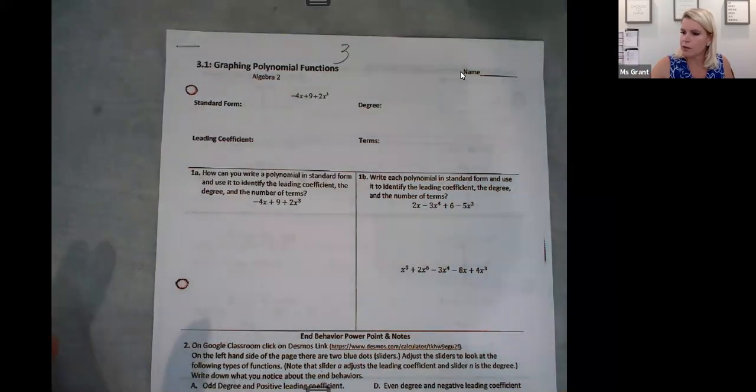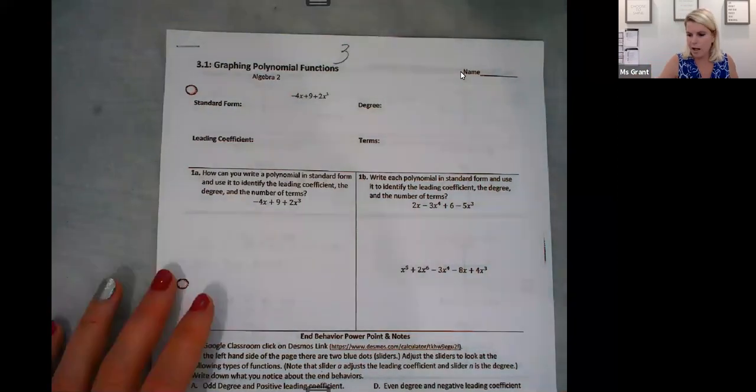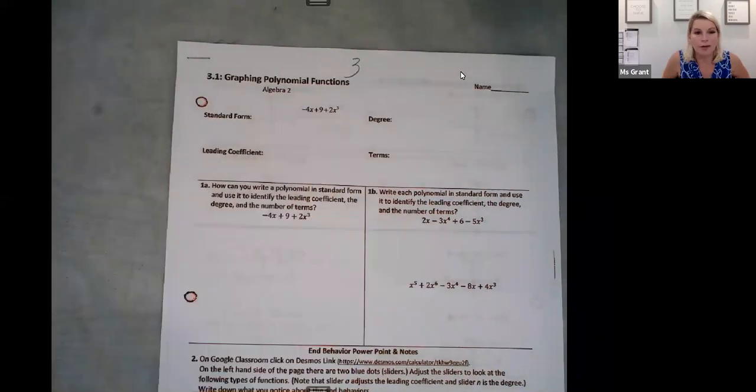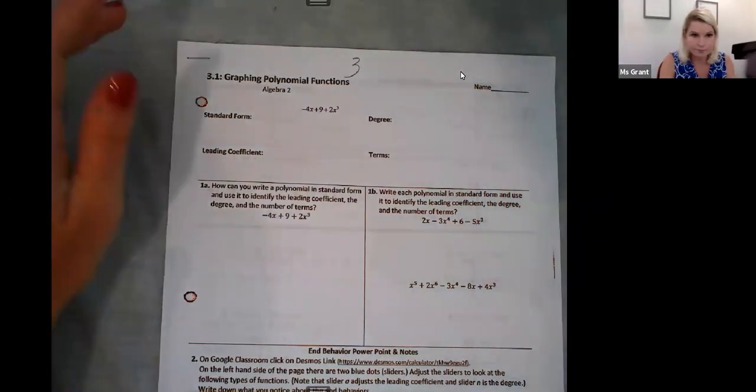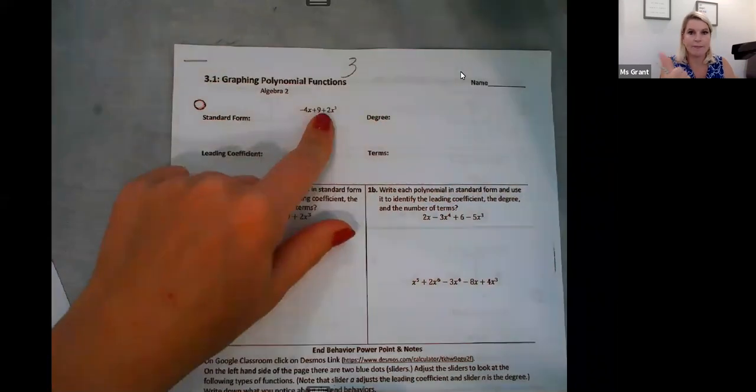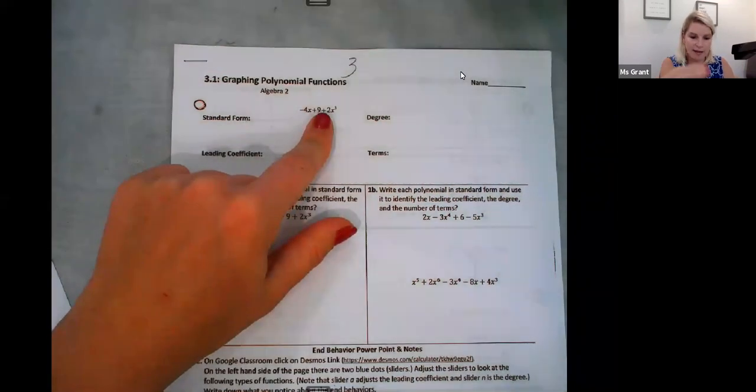So here we go. The polynomial that I give you up front, let's do number 1 up on top here. It's out of order, obviously. And so if I wanted to put it in standard form means that I need to have the biggest exponent go first and then everything decreasing after that, okay?